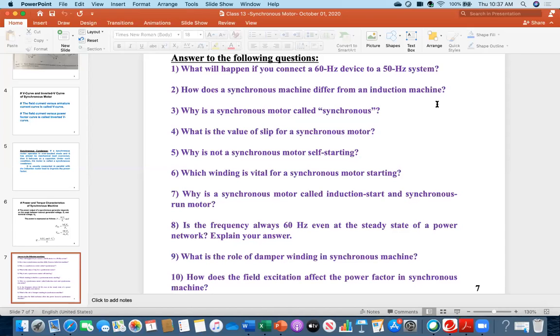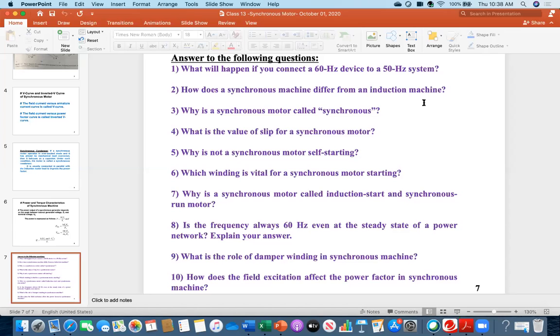And what is the relationship? It is related to the slip. You remember? The next point: what is the slip value for a synchronous machine? What is the definition of slip? Slip is synchronous speed minus rotor speed, divided by synchronous speed.